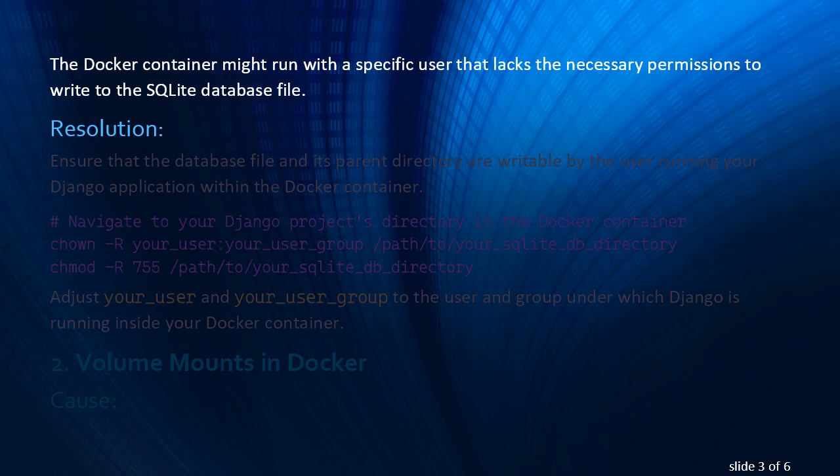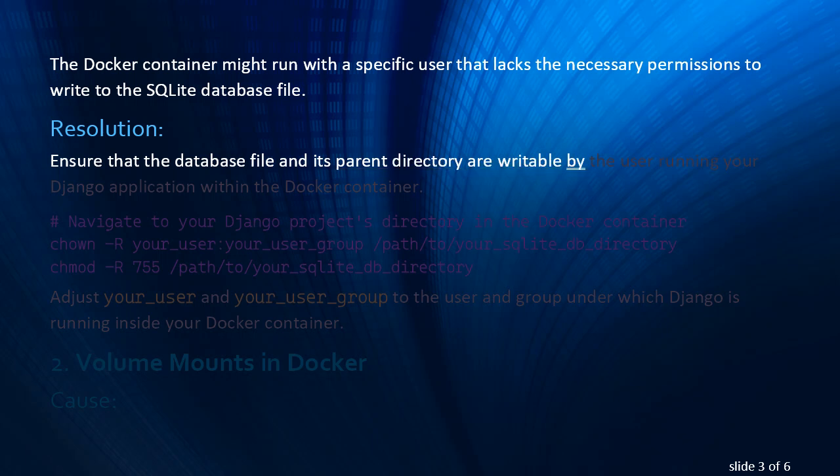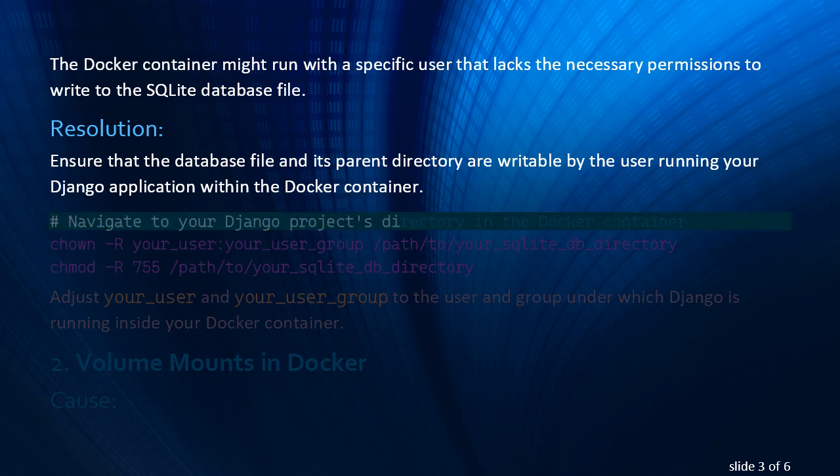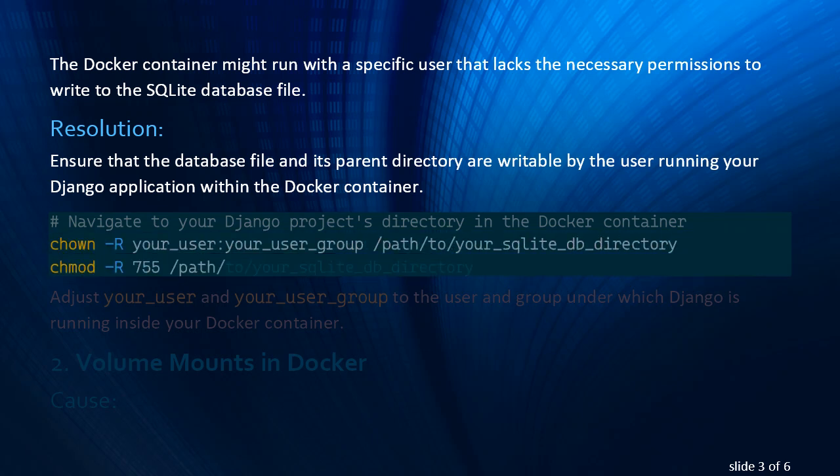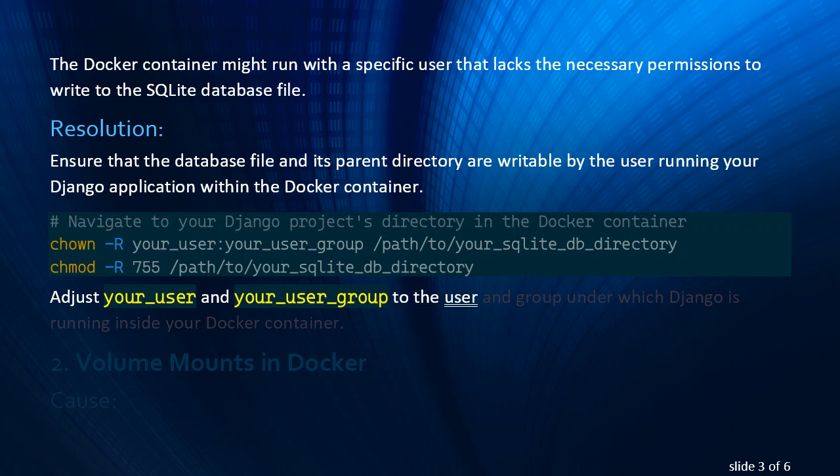Resolution: Ensure that the database file and its parent directory are writable by the user running your Django application within the Docker container. Adjust your_user and your_user_group to the user and group under which Django is running inside your Docker container.